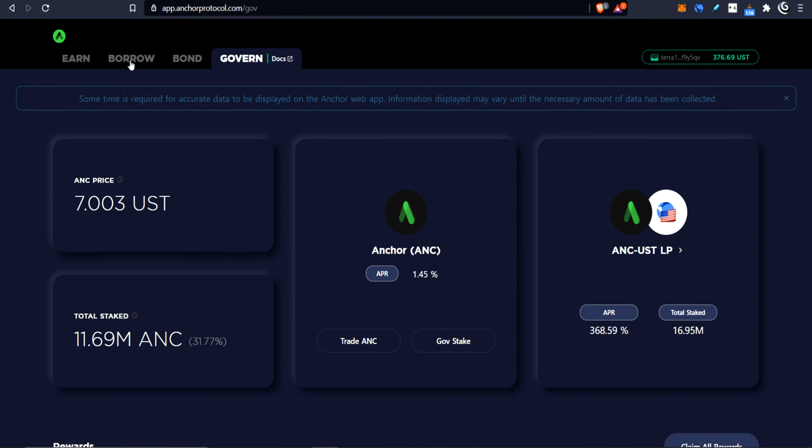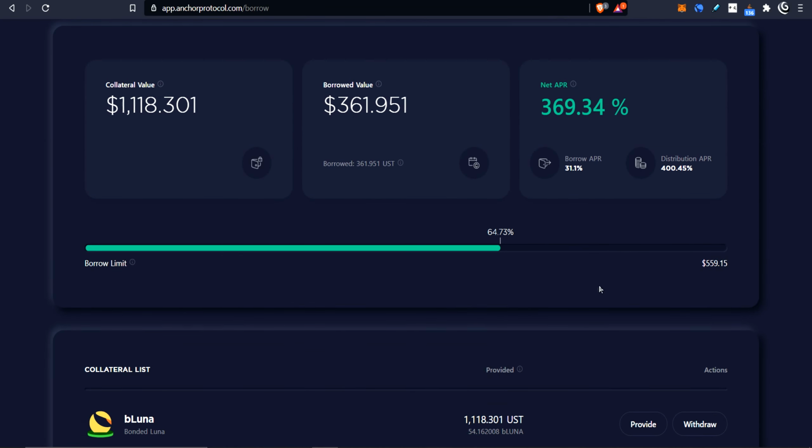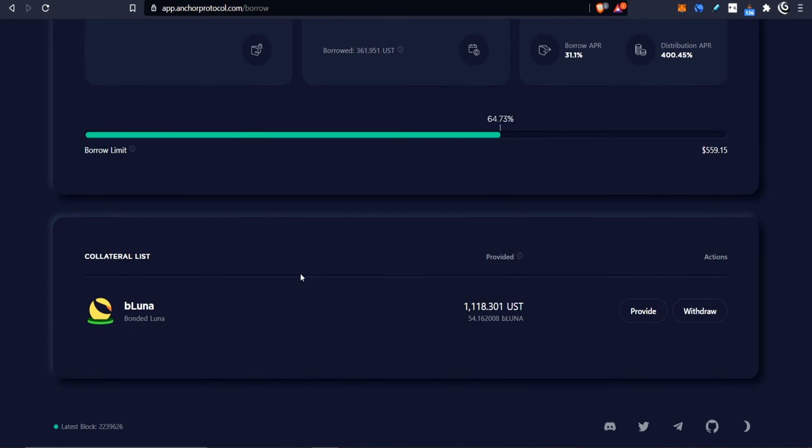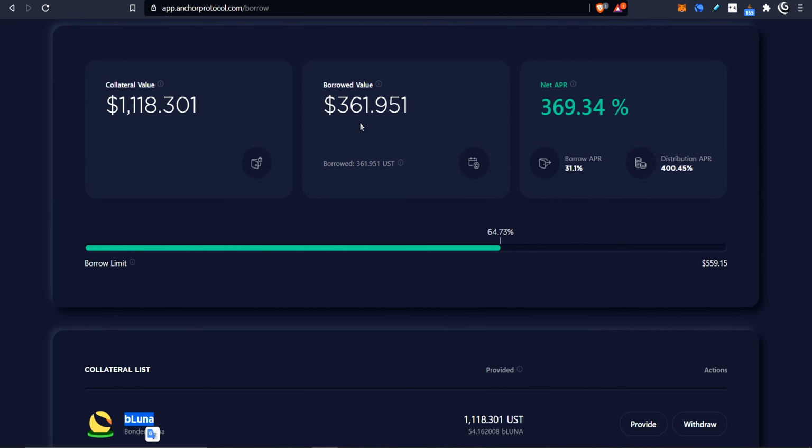Now I'm going to go back to the borrow and talk a little bit about the risk of this, and not really the risk, but the worries of this. Like you're giving up all the rewards that you're gaining from this because you decided to borrow against it. So you better put this USDT that you've borrowed to some work. Like this might be good for now, but maybe you need to watch this. This might go down heavily in the near future. And I am paying 31% to borrow this.